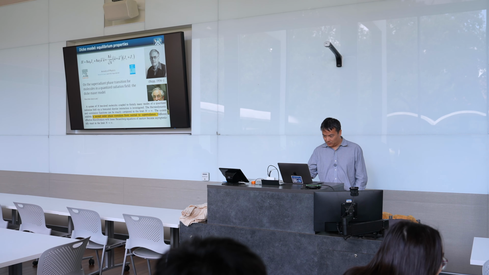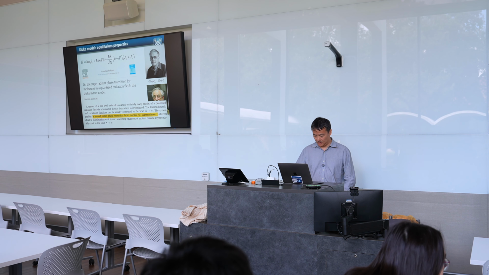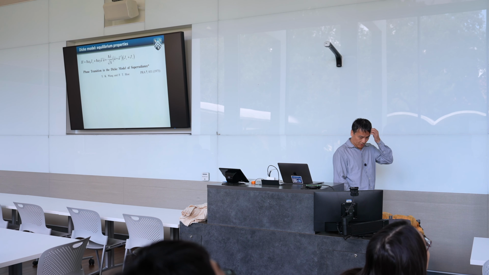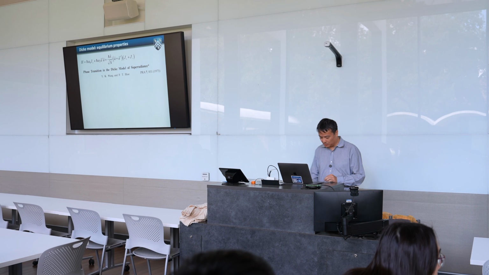This was in 1973, and Hepp and Lieb's paper was written in a very mathematical way. In the same year, Wang and Hioe revisited the same problem, but used a language that is more understandable by common physicists.